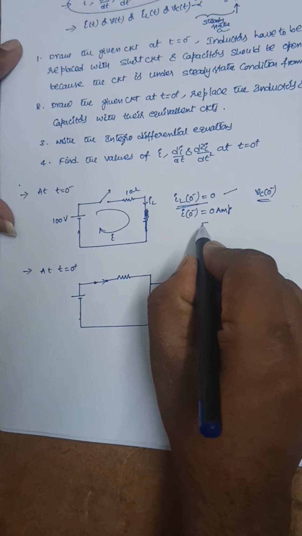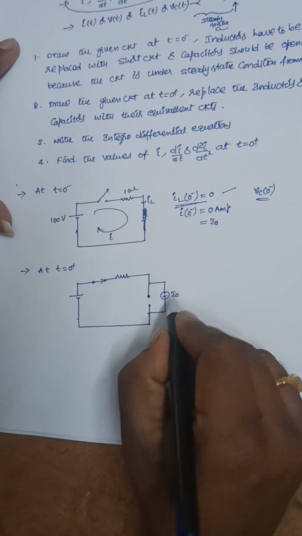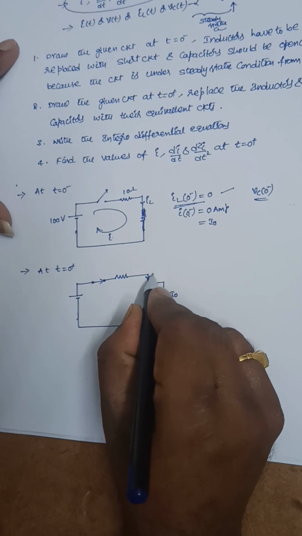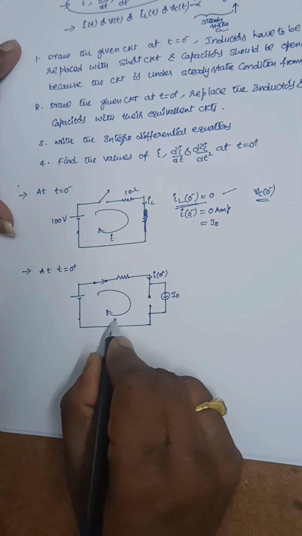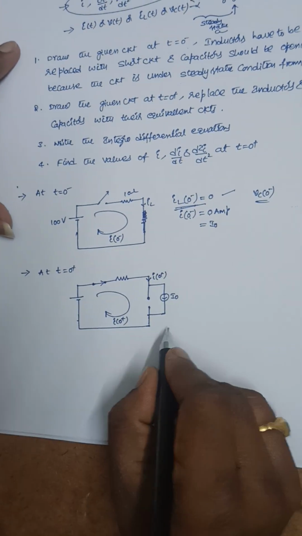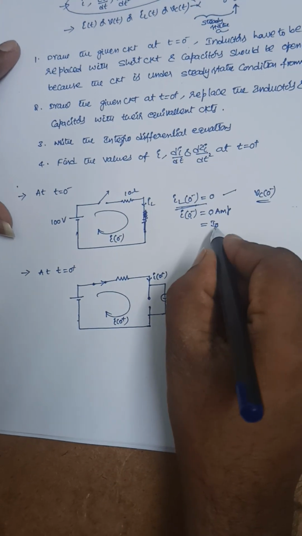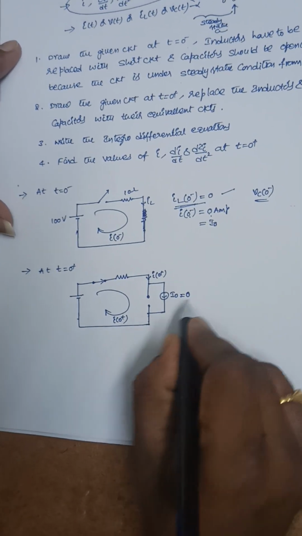So this initial current I0 is equal to I of 0 minus, and it is I of 0 plus. Now this I0 we already calculated, that initial current is equal to 0 amperes.